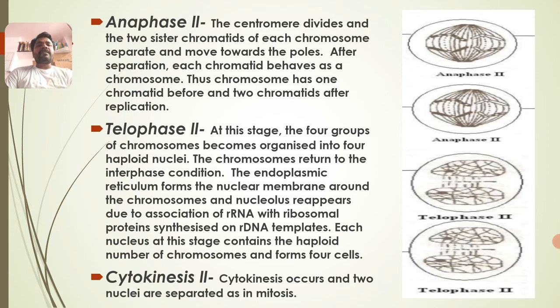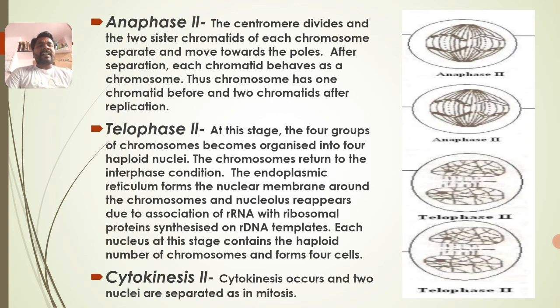The chromosomes return to the interphase condition. The endoplasmic reticulum forms the nuclear membrane around the chromosomes, and the nucleolus reappears due to association of rRNA with ribosomal protein synthesized on rDNA templates.